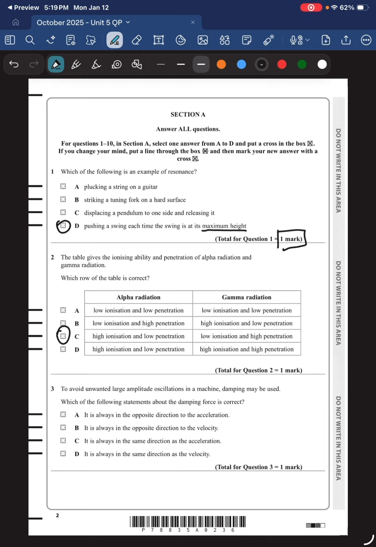So damping is actually in the opposite direction to velocity. So we know that the answer is B. Okay, so I'm not gonna read the other ones because the general rule is that damping is proportional to some constant, let's say b times the velocity, okay? So that's the answer. Moving on.